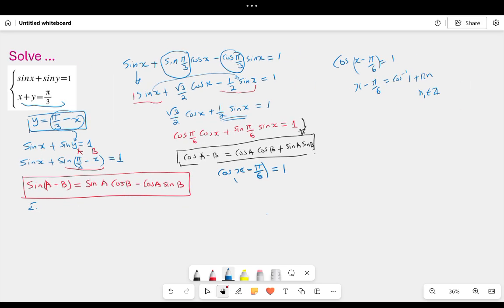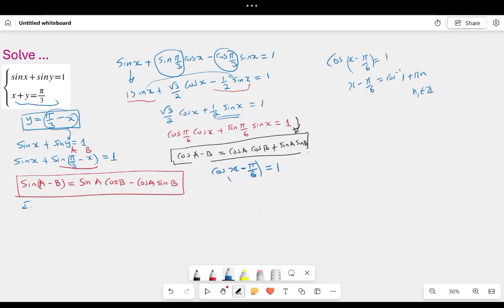Okay. Now, in this case, x minus pi over 6 is simply equal to the cosine inverse of 1, which is 0, plus pi n, whereby n is all the integers.